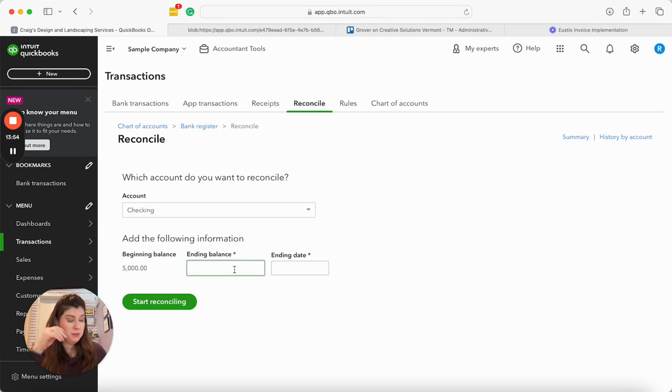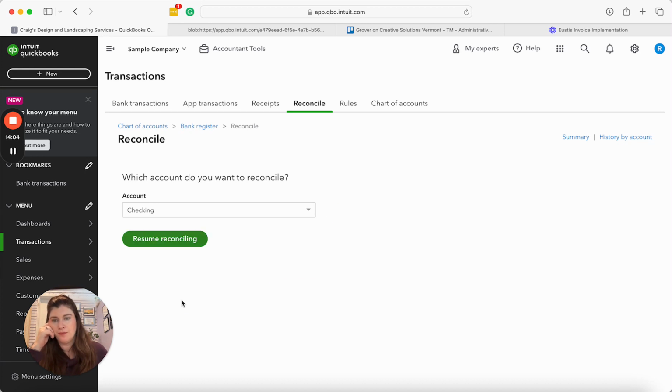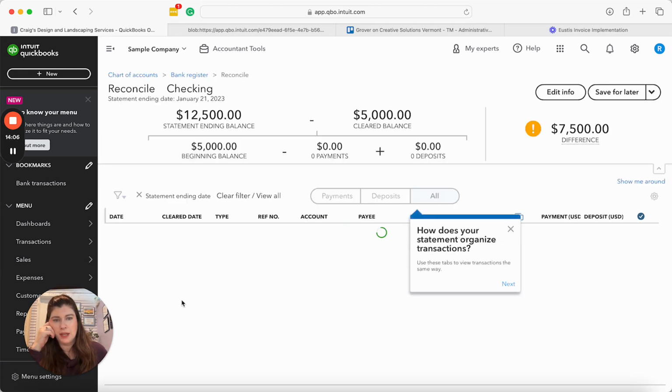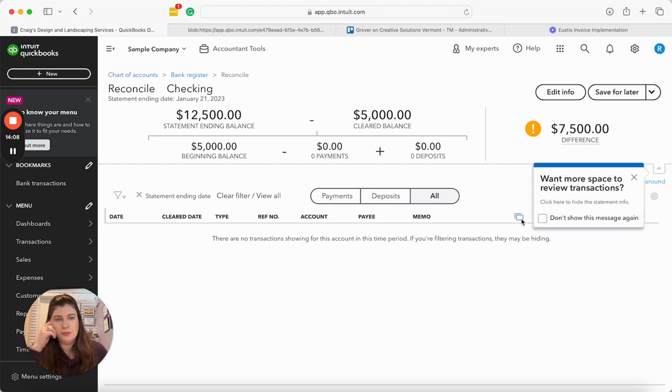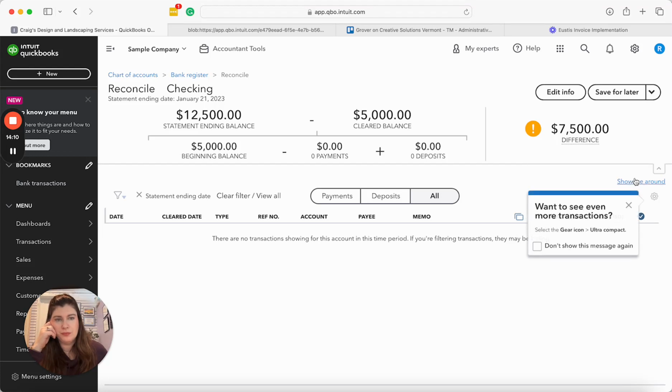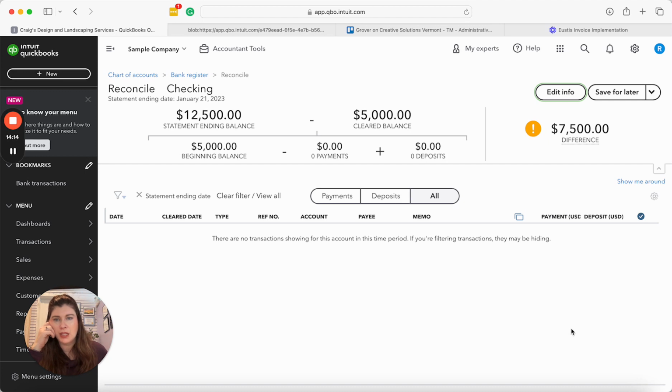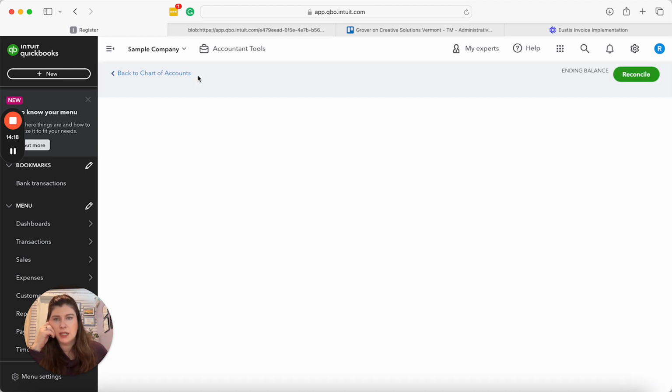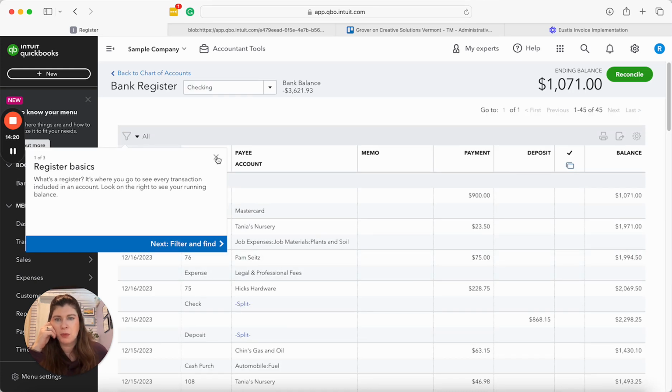So let's say the ending balance is $12,500, and the bank statement ending date is 1/31/2023. Now you're going to go through your bank account and check off transactions. Now this doesn't have any transactions in 2023, so this is a poor example.